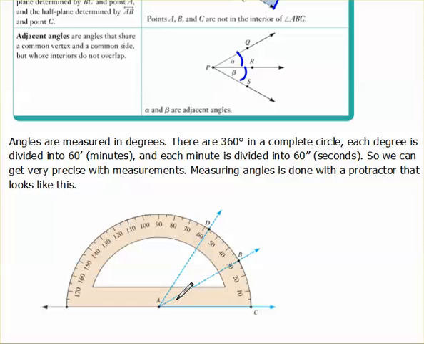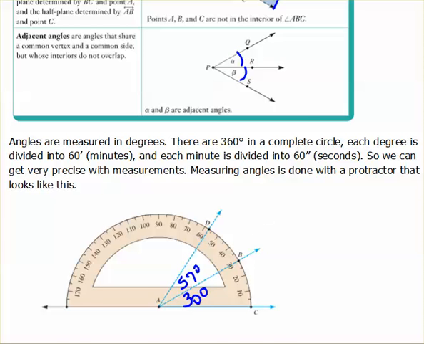So for instance, this measure here would be a 30-degree angle. This angle here looks to be about maybe 56, 57 degrees, somewhere in between 55 and 60. So that's how you read that protractor.